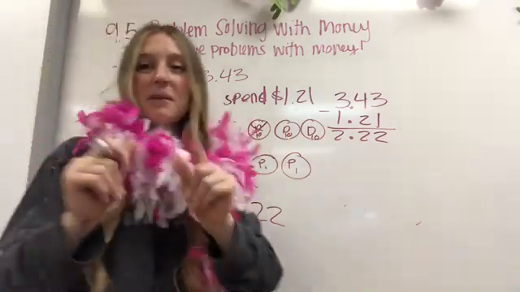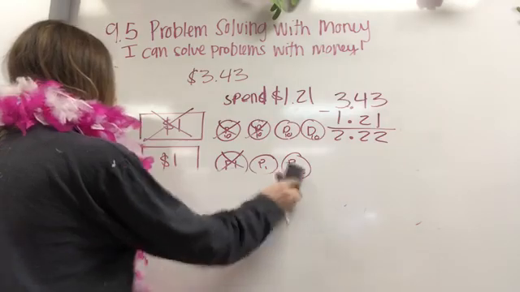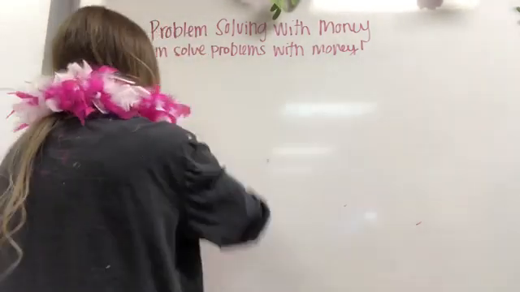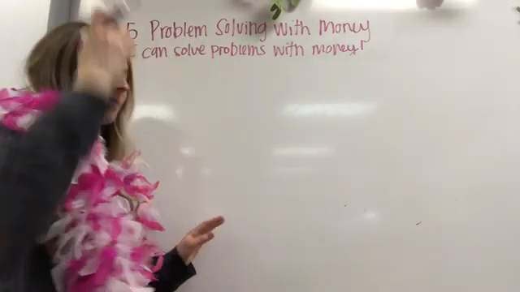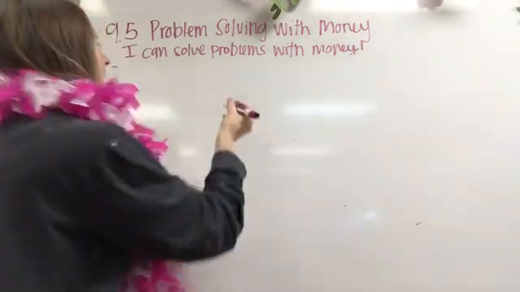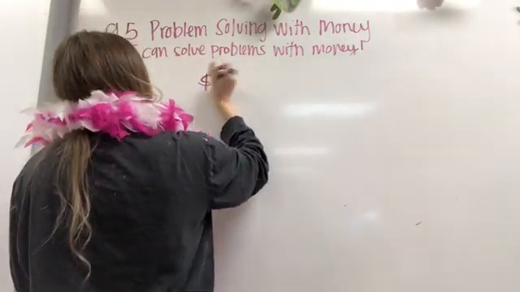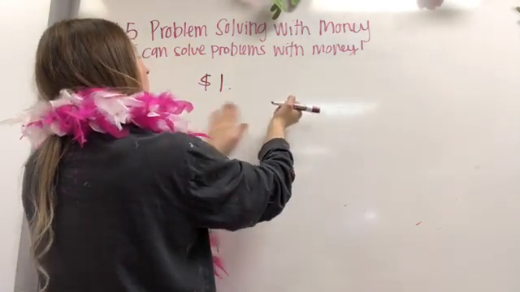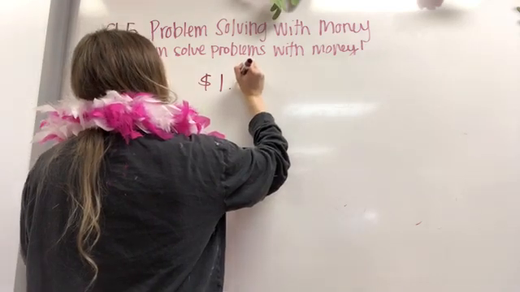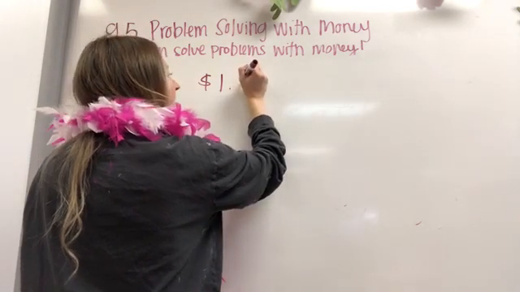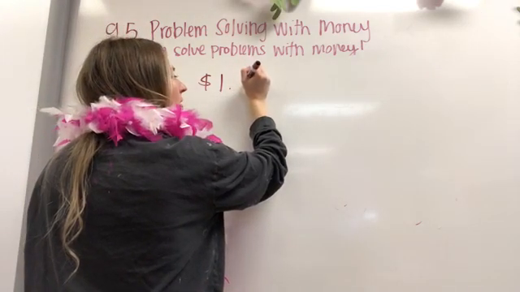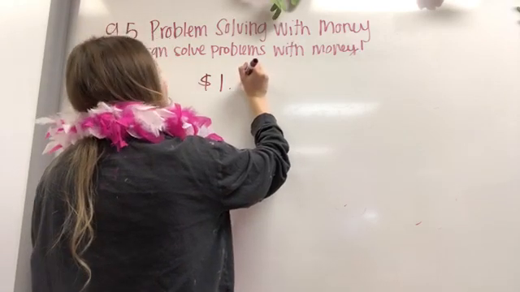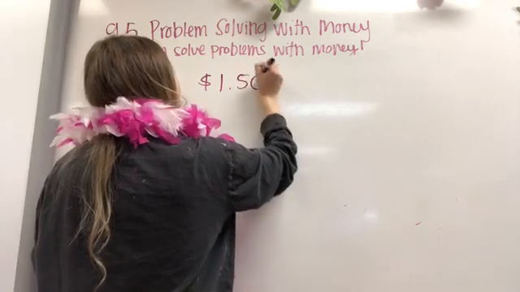Okay, here's your only pause problem. Ready? Here we go. My boa is going everywhere. Okay, I want you to do a splitting problem. So you have $1 and 50 cents.